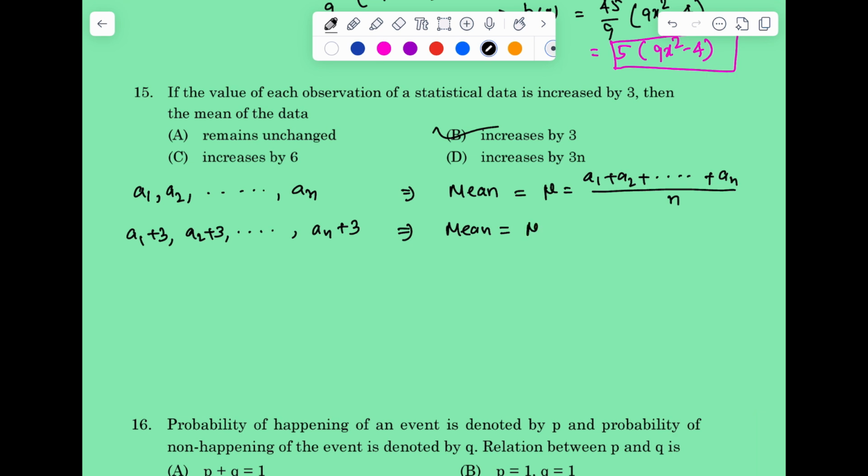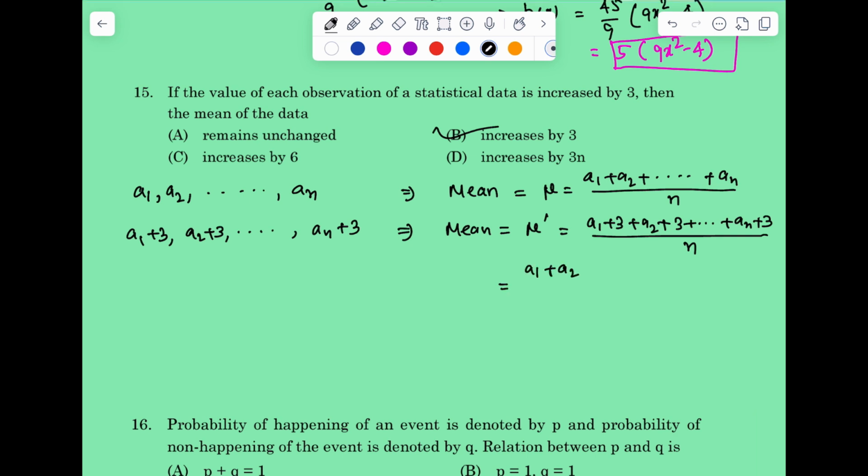Here the new mean, suppose mu dash, is equal to a1 plus 3 plus a2 plus 3 plus up to an plus 3, divided by the number of data.